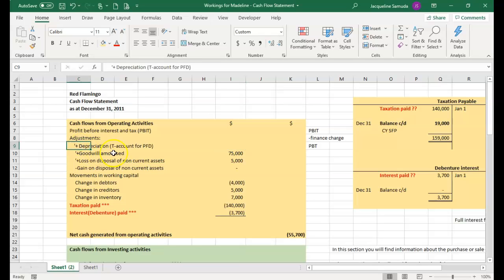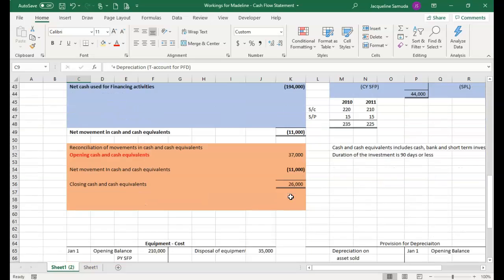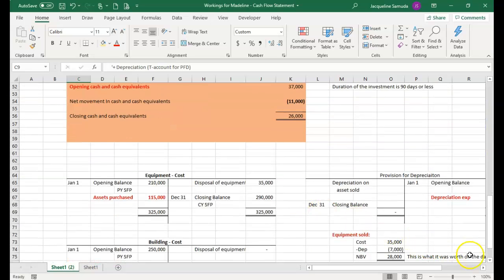And as I say in my note, you have to prepare a T account for the account provision for depreciation. So I have it preset. So let's go there. And here we have it.